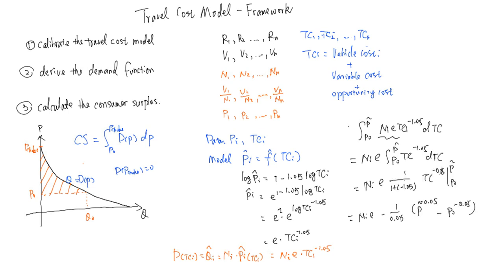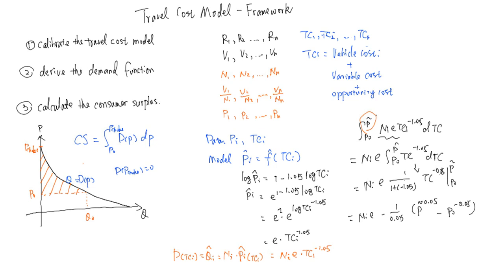So you can write out the integration like this. This step is basically using the integration of a polynomial. The only part that we don't know here is P tilde, which is the choke price.